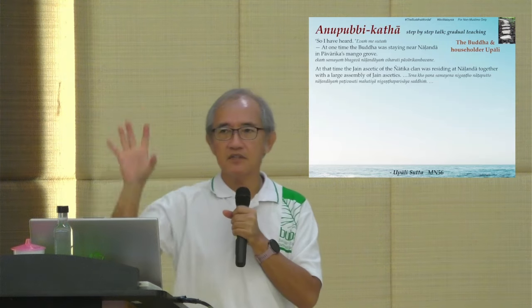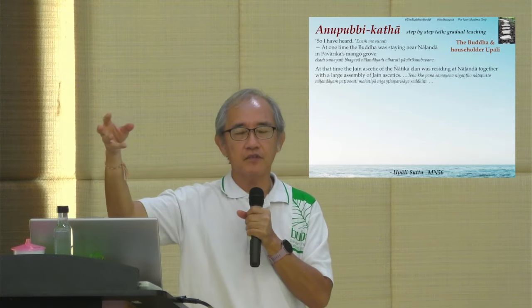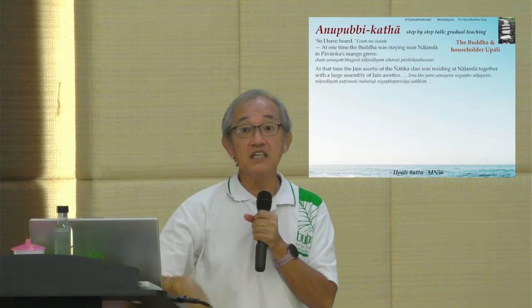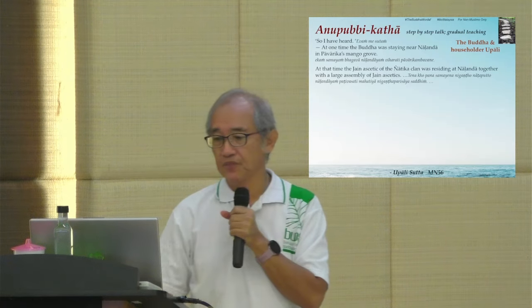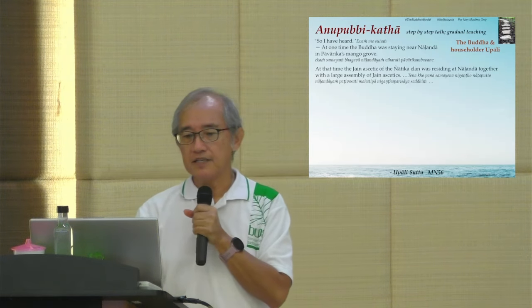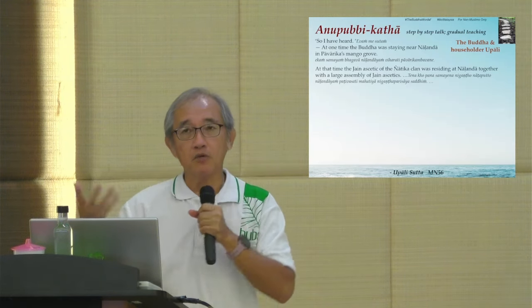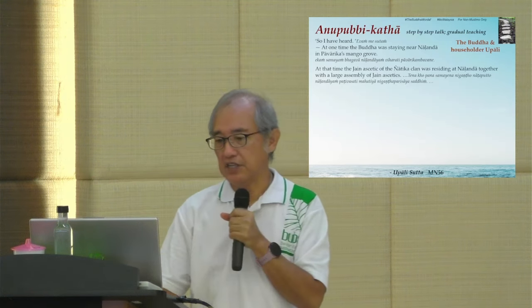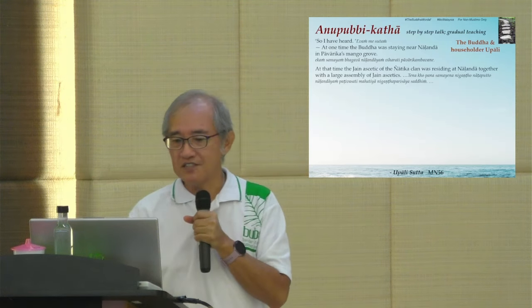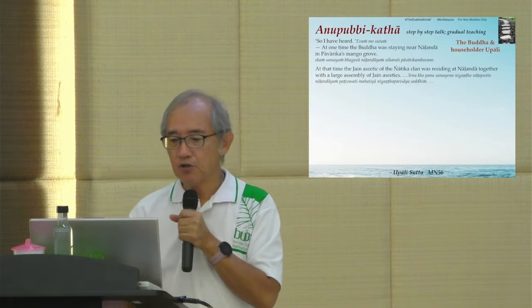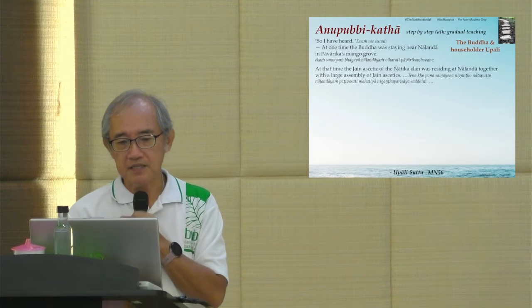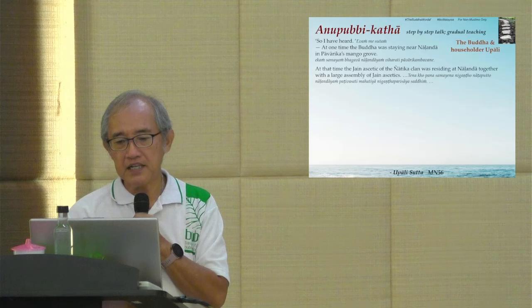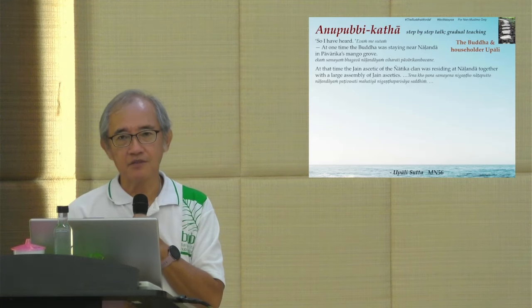Then later, after they finished talking, this ascetic went back to see his teacher, Niganta Nataputta. And at the same time, Upali was there. Upali was not a monk, only a lay person, a supporter of the Jain group. And what happened? This is interesting. It is impossible, tapasi. It cannot happen that Upali could become Gautama's disciple. Why?